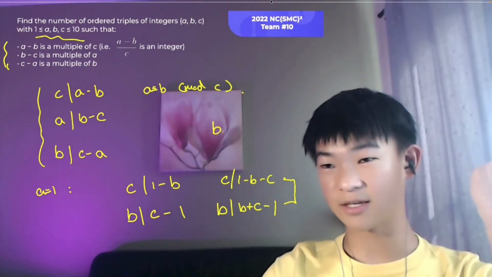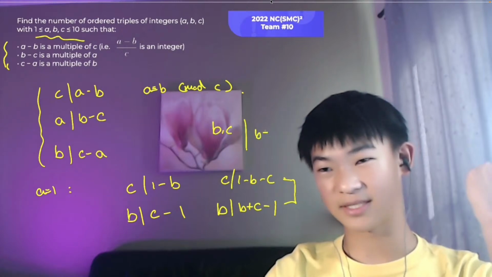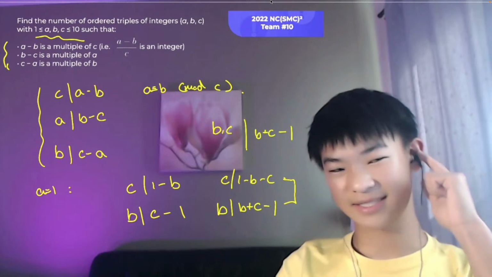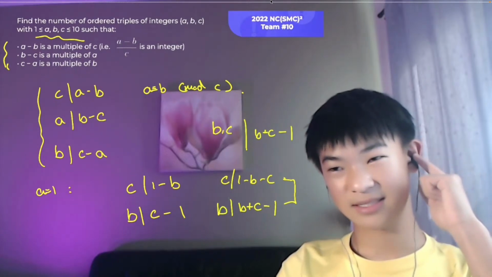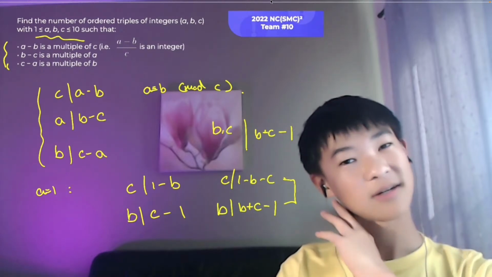So B and C both divide B plus C minus 1. How does this help us? Megan, do you have any ideas for how we could go from here?